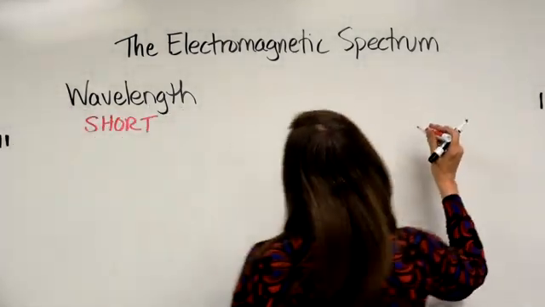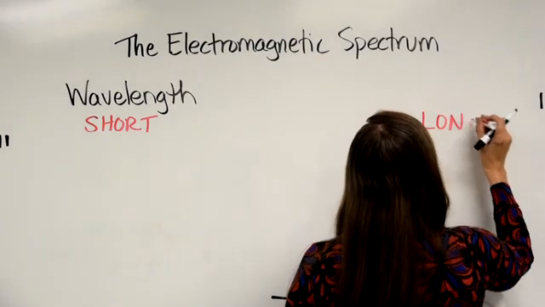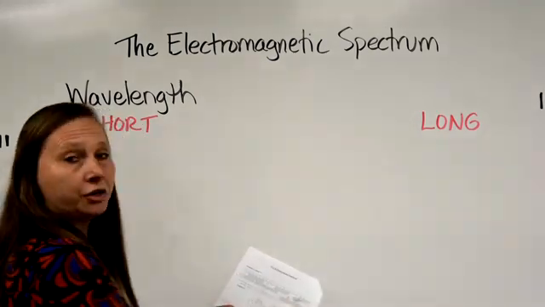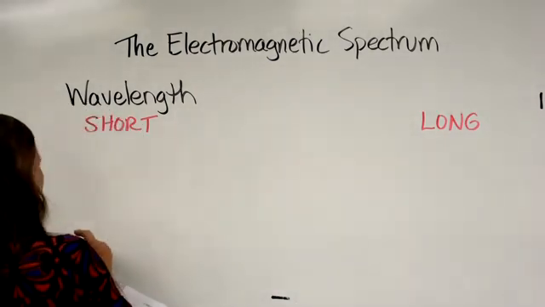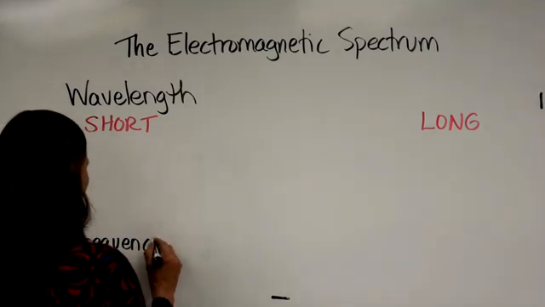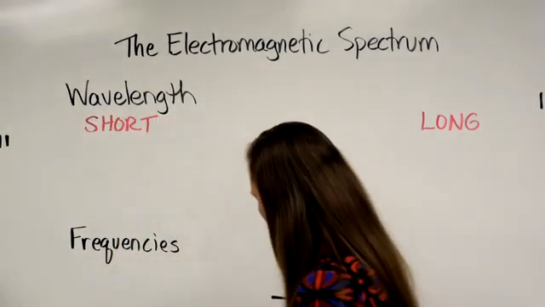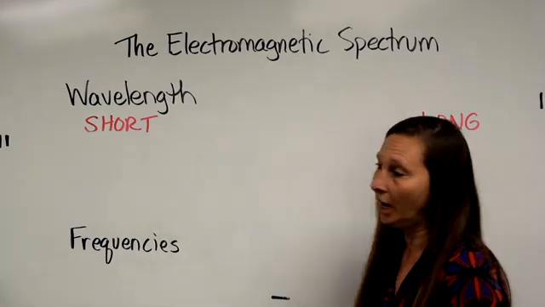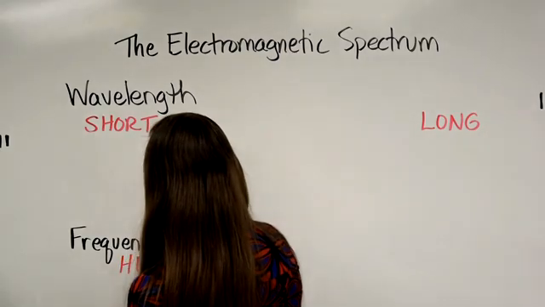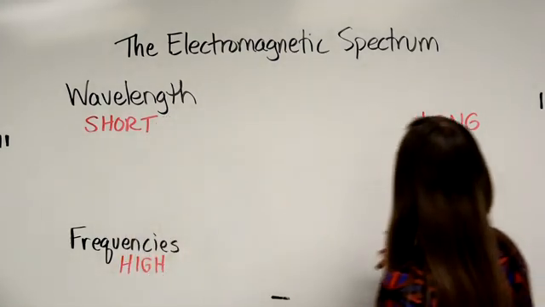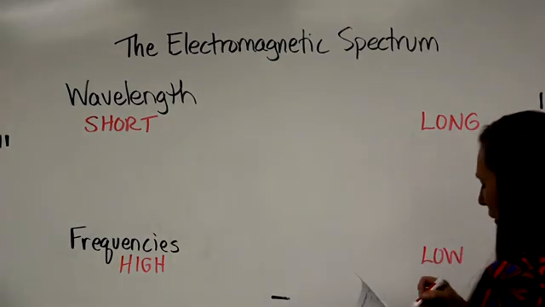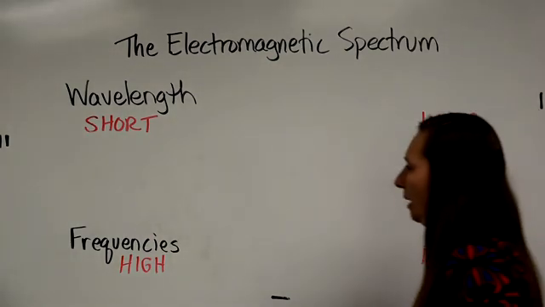On the right side, you've got long wavelengths, large numbers. Now, the numbers across the bottom of the chart are frequencies. And on the left side, you have high frequencies. These are large numbers. And on the right side, you've got low frequencies. These are small numbers.